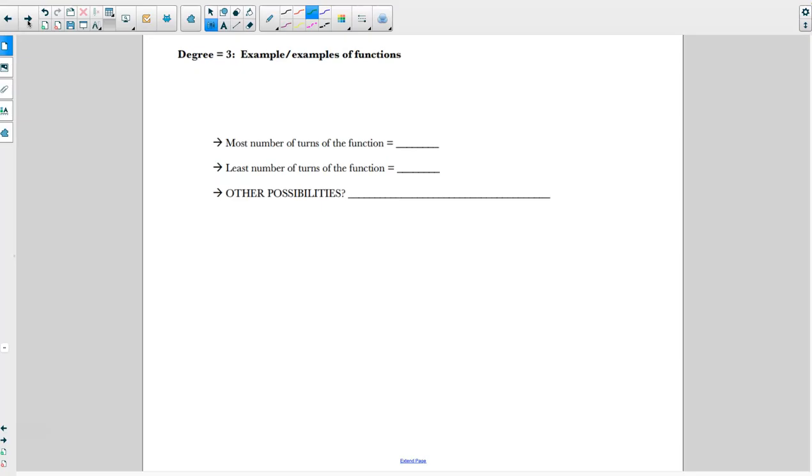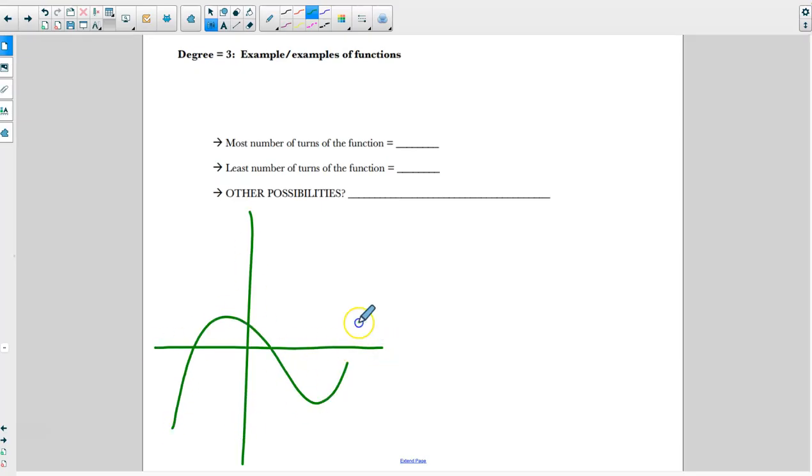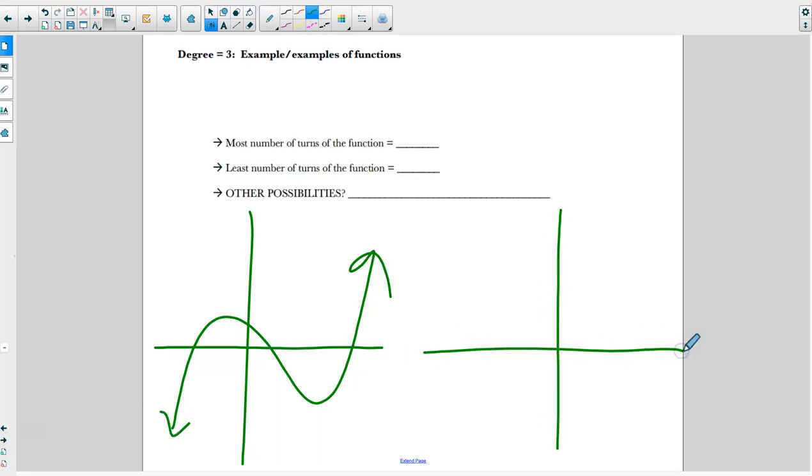So now we're at 3. Degree 3's could look like this. It could look like that. Or it could look like that. So let's talk about the first graph on the left here. How many times does this thing turn? 2, right? Because there's 1 turn, there's 2 turns. So the most number is 2.